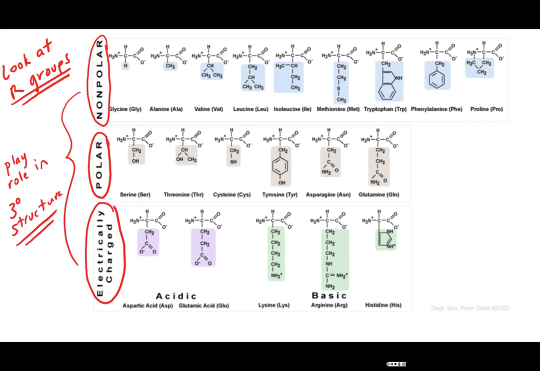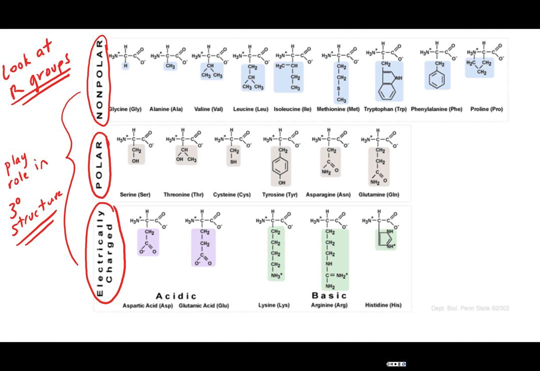Now we're not memorizing this, thank goodness. We just want to make sure that we're seeing, number 1, there are 20 different R groups, so R there is just representing a variation that occurs. And number 2, as we start to look at the tertiary structure of our protein, we will talk about interactions with those R groups. And notice that some of your R groups are nonpolar, so that means no charges.